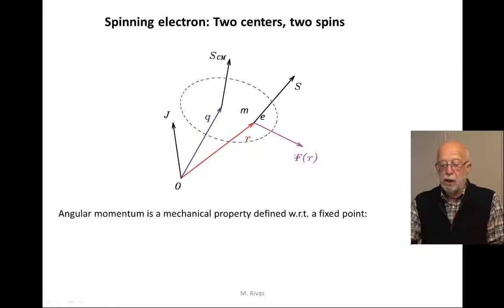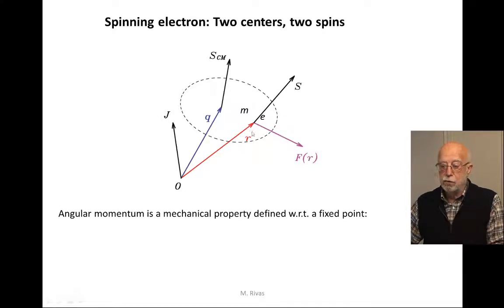You know, angular momentum is always a mechanical property which is defined with respect to some fixed point. Okay, in this picture we have 3 different points: the origin of our frame, the center of mass, and the center of charge. So the angular momentum of the electron with respect to my origin, I call the total angular momentum J. But the angular momentum of the electron with respect to the center of mass, I call it spin CM, spin with respect to the center of mass.